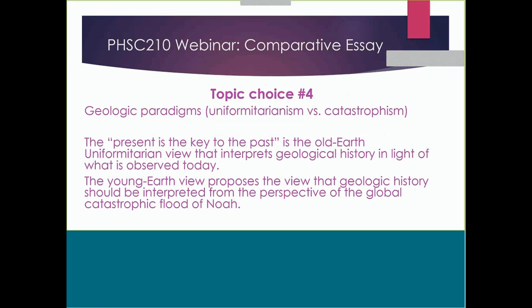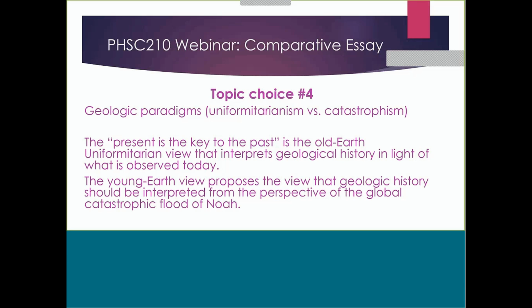Uniformitarianism is actually the founding principle of geology. The present is the key to the past. It's the old Earth uniformitarian view that interprets geologic history in light of what is observed today. The young Earth view proposes that geologic history should be interpreted from the perspective of the global catastrophic flood of Noah.